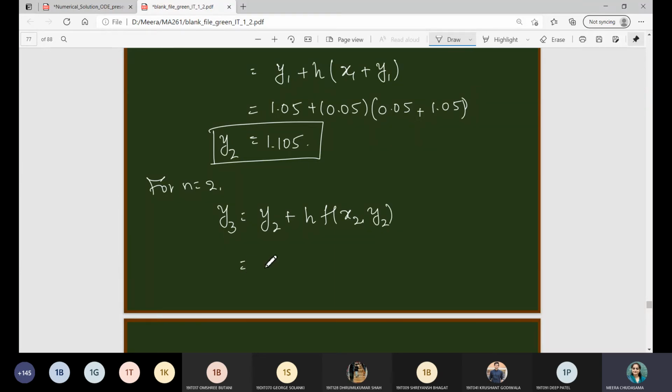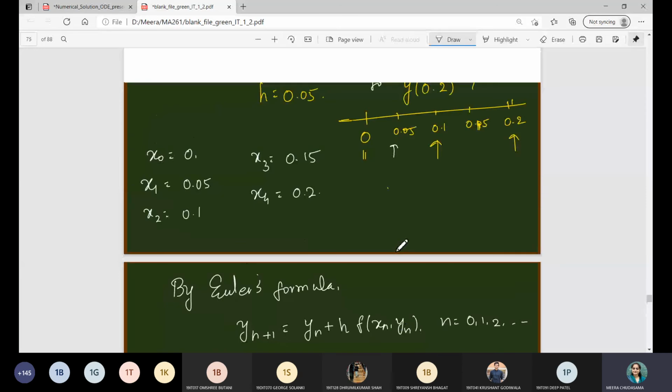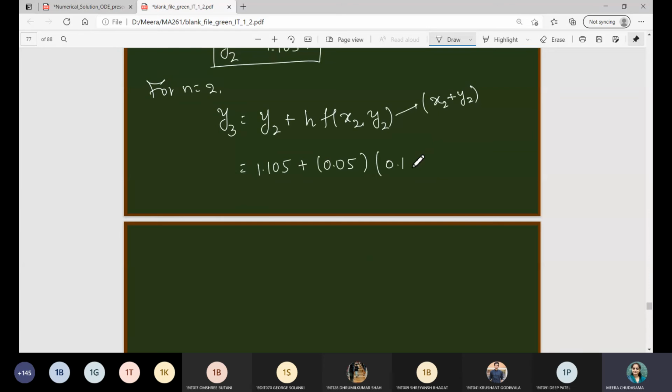So y2 means the previously calculated value, h is 0.05, times x2 plus y2. Let me write x2 plus y2. So what is x2? 0.1. So 0.1 plus 1.105.